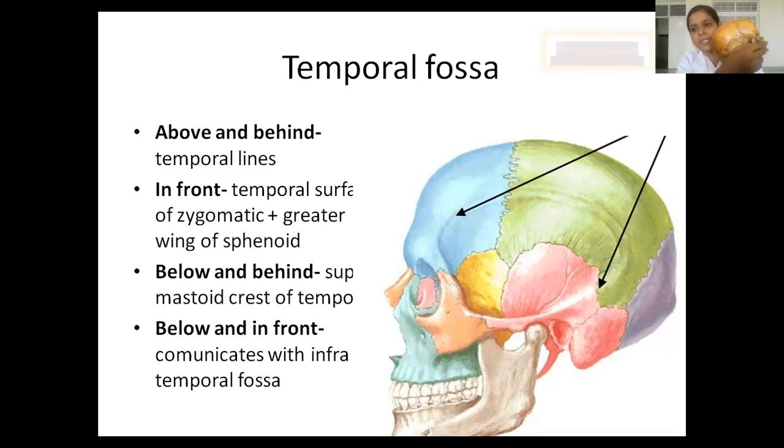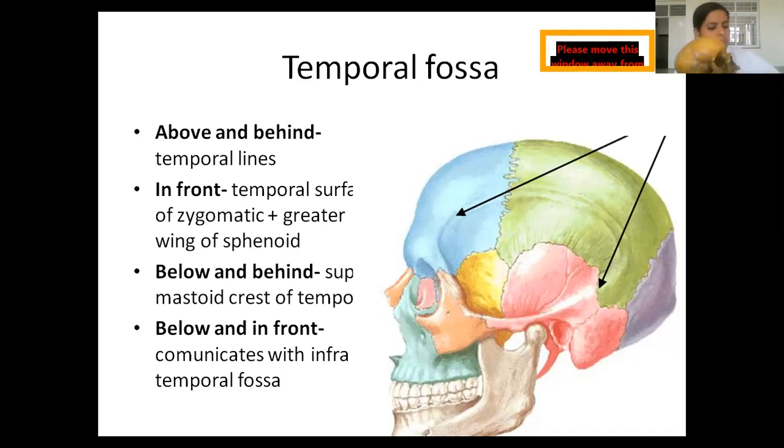Then this is in front. The front area is this bone. What is the name of this bone? I said zygomatic. So this particular point is called the temporal surface of the zygomatic. And we know this is our sphenoid bone.